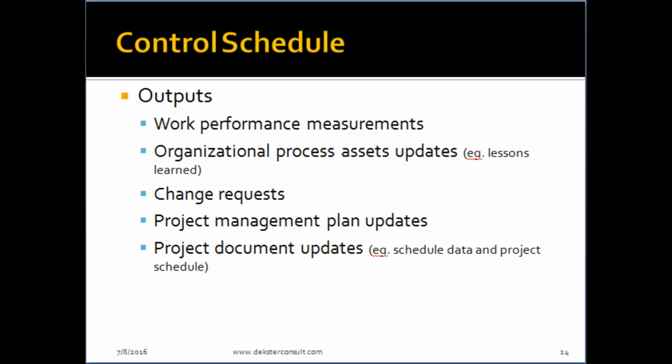When we find out that things are not going according to plan, there could be a need for change requests, and necessarily there will be a need to update our project management plan with the new changes that we are making to our project. And other project documents, example the schedule data and the project schedule, could be updated whenever there has been a change that has been identified or approved.